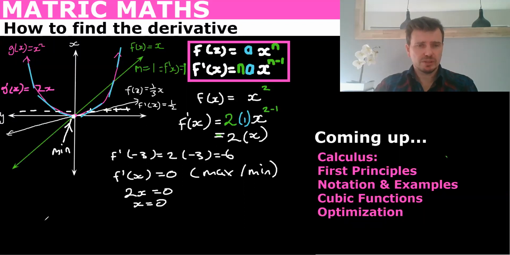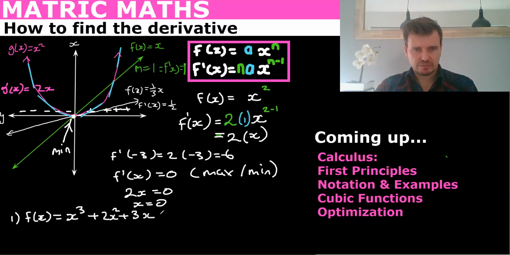Okay, so what I want to do is just a few more of these derivatives and just show you that if you had, say, a function like x cubed plus 2x squared plus 3x plus 0, to find your derivative, you can just do each of these individually using the power rule.